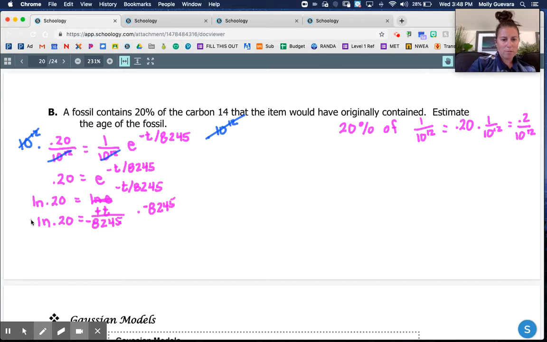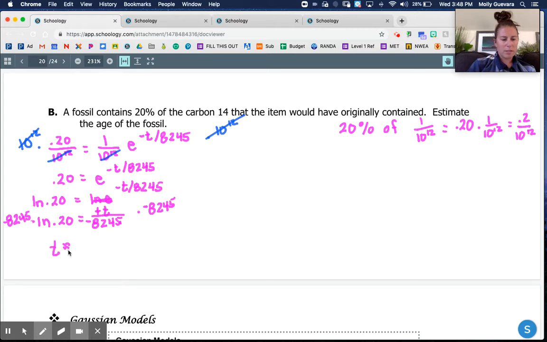Multiplied by the negative 8,245, I wrote 54. That's how you know it's been a long day, right? 8,245. There we go. And so when I enter this into my calculator, let's do it.